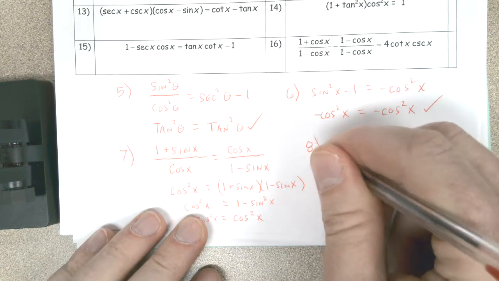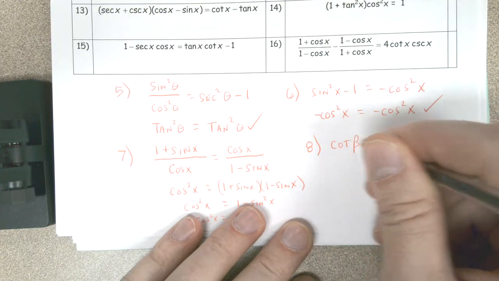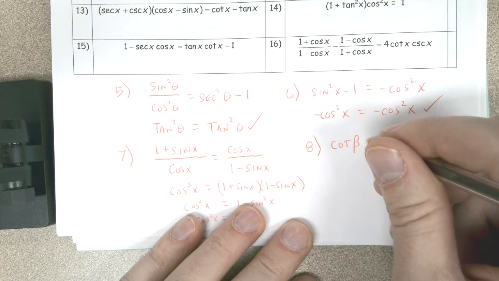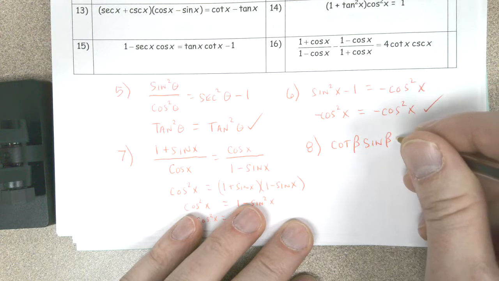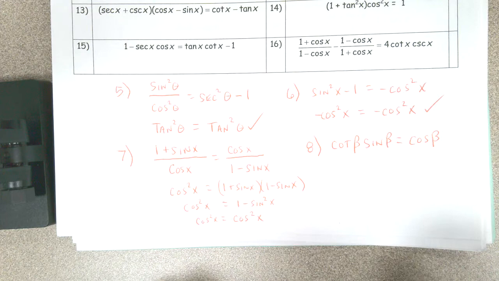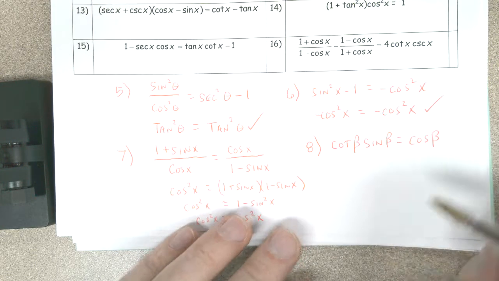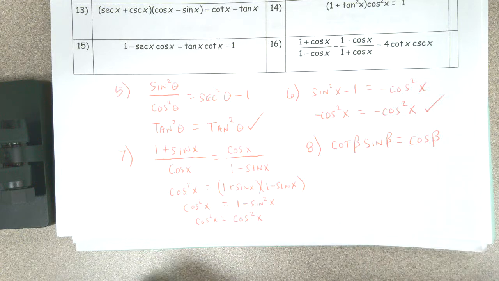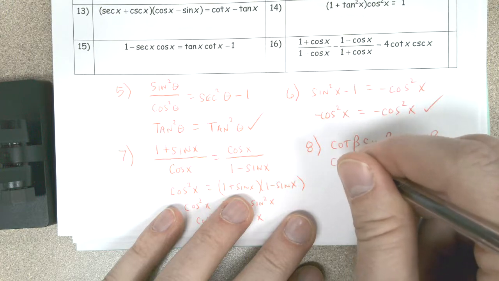Let's go ahead and do number 8 together. Number 8, we've got cotangent x times sine x equals cosine x. What I would do for this one, probably the best idea, would be to change your cotangent to a cosine over sine.